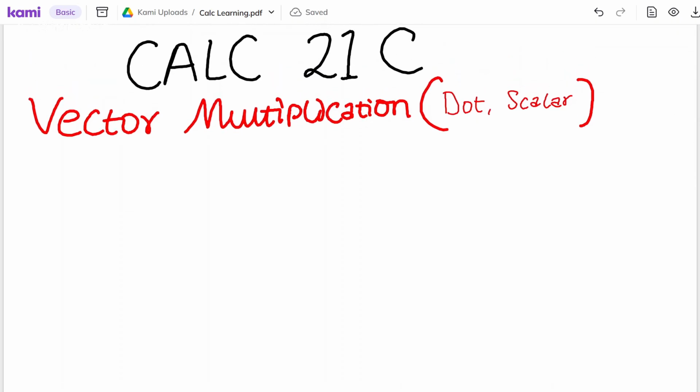I'm going to start with scalar multiplication, which I think is easier, and that's just multiplying a vector by a scalar, which is what scalar means. I'm going to show an example. Let's say this vector is 5, 4, 9, a random vector.